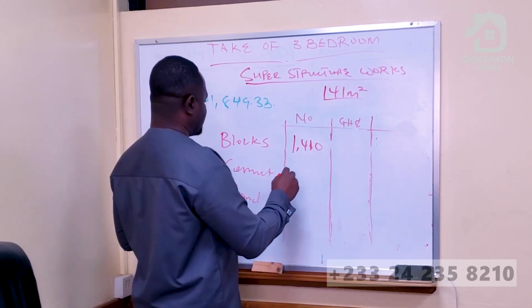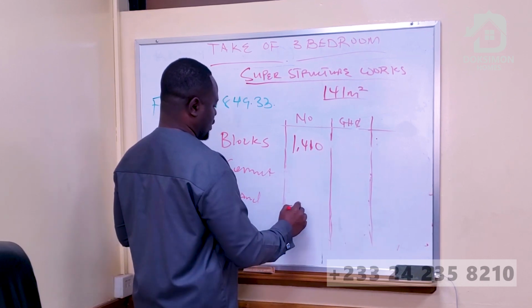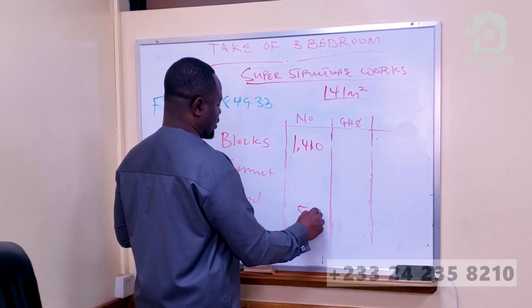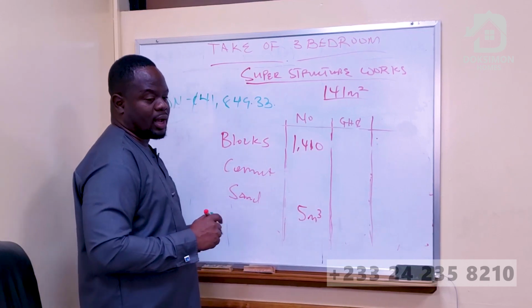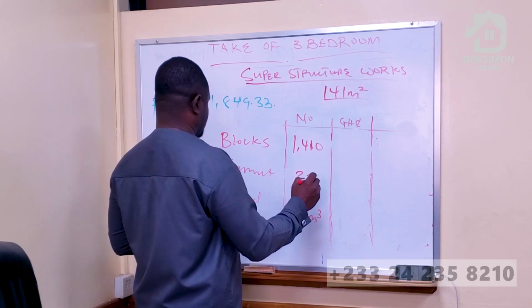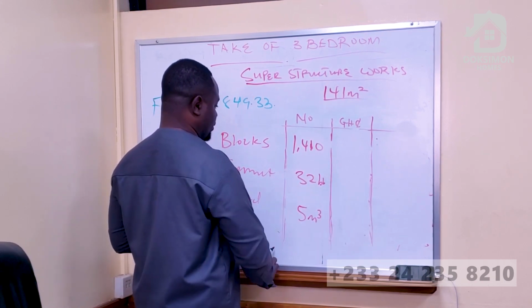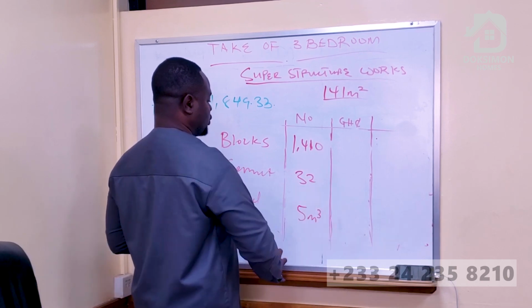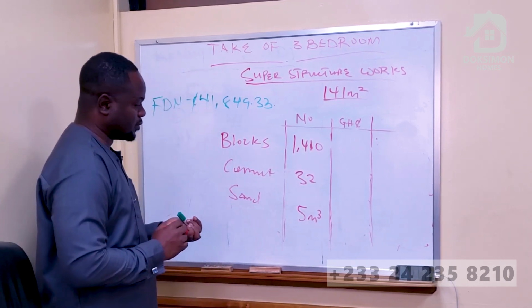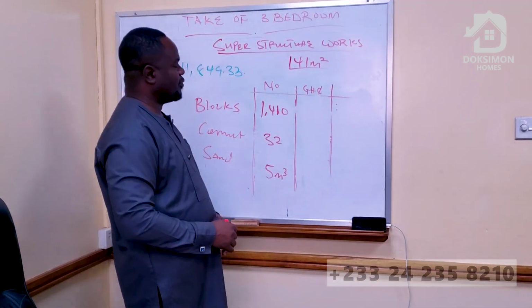We also need 5 cubic meter of sand, accompanied by 32 cement bags. So we are looking at the total 141 square meters of block work.